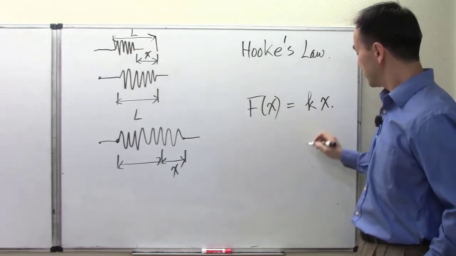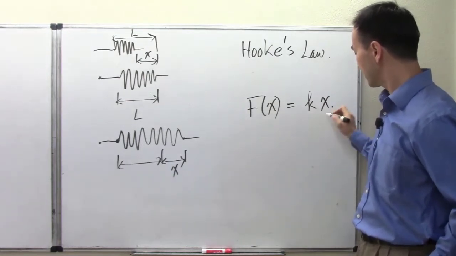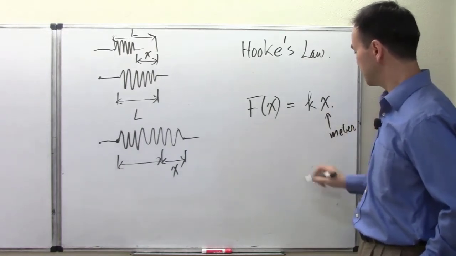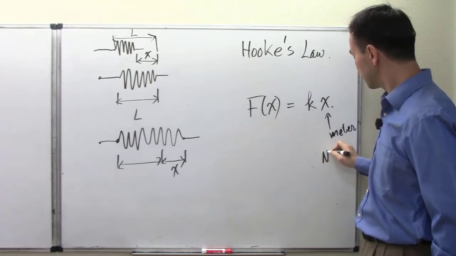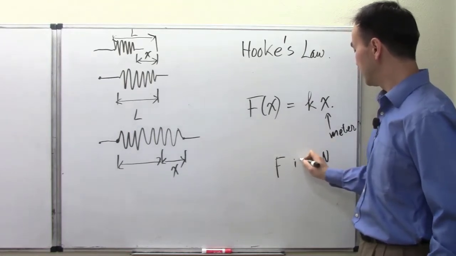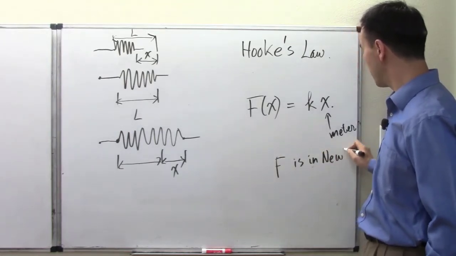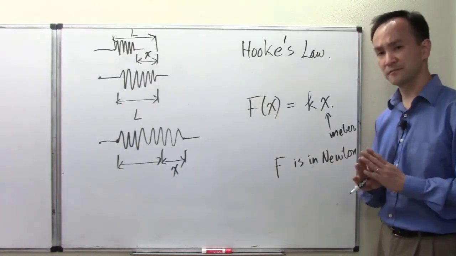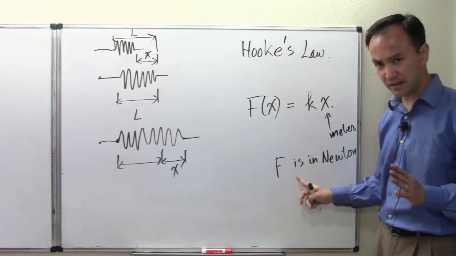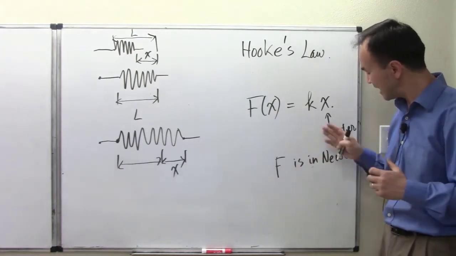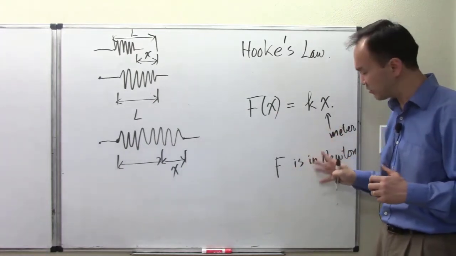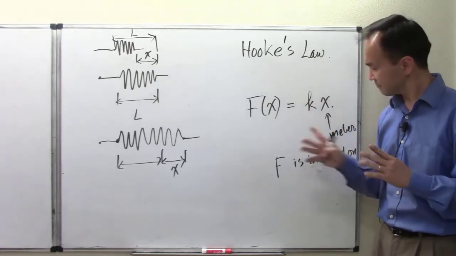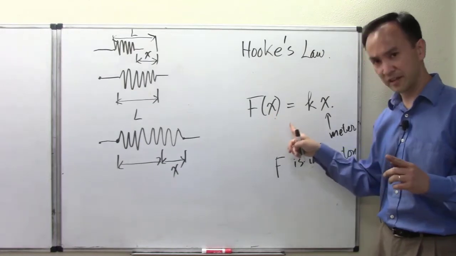In standard units, force is in Newtons and x is in meters. But units shouldn't matter here, because outside of the metric system and SI units, there's also the kind of units the Americans use.